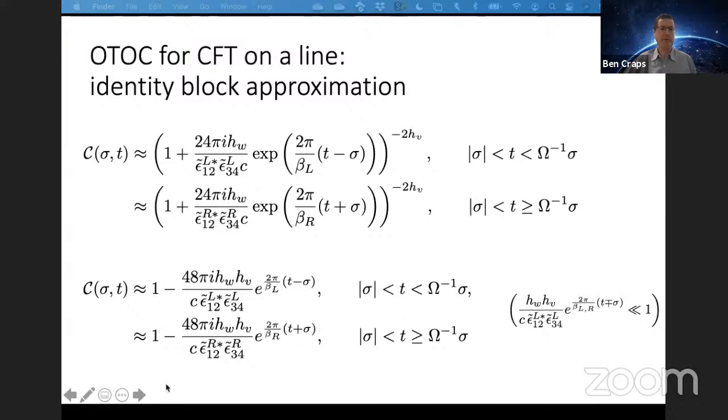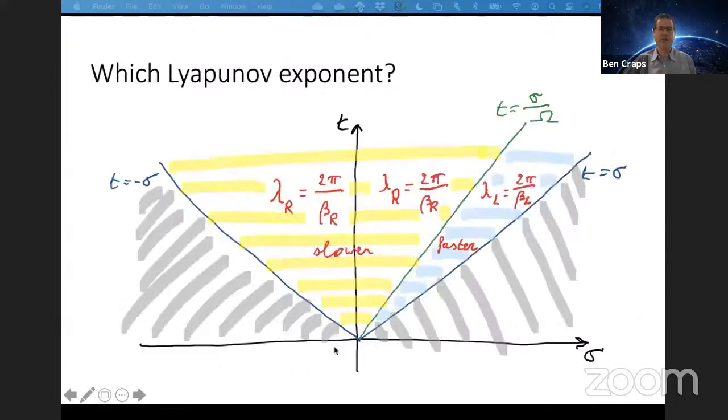And here is the 1 over c expansion again. I've made a drawing to illustrate this a bit. We're going to fix the spatial separation sigma between the V and the W insertions, and then evolve towards large times and see what happens.